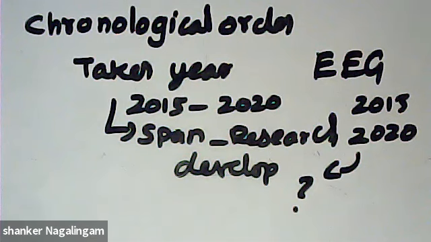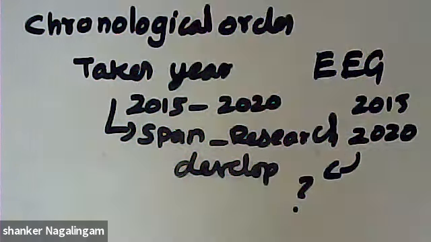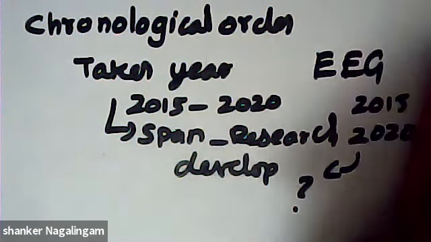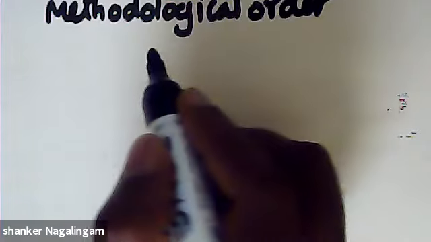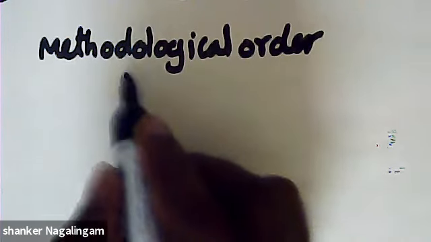When you talk about methodological order, I'll just jump on to it. You have to discuss only the methods adapted to your particular area of work. That has to be discussed.